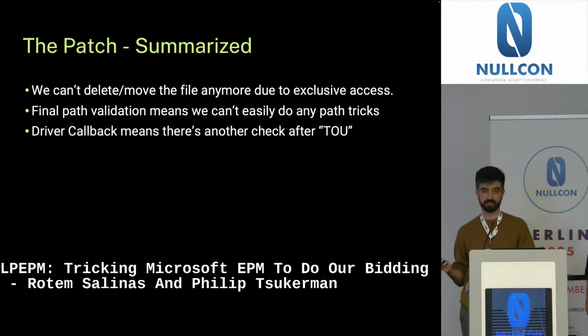Final path validation means that it's significantly harder to do any kind of path redirection shenanigans, junction folders, or symlinks or whatever. But we could have tried to play around with that and solve this, but the biggest problem we have is the driver callback.